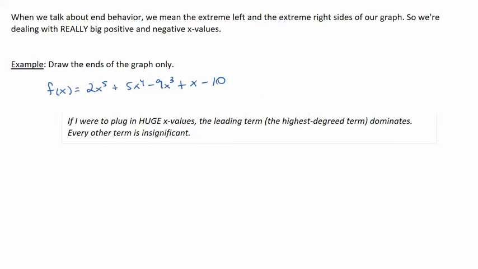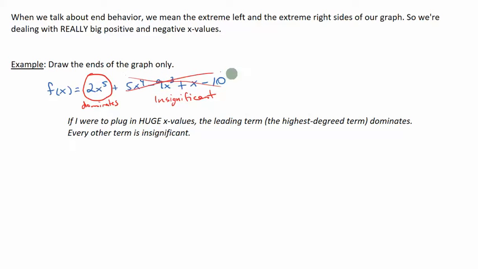So in this case, what I mean is this term dominates. That's my leading term, my highest degree term. These terms are insignificant. That's because, think about a really big x value, like 100 million. 100 million to the fifth power is so much bigger than 100 million to the fourth power, or 100 million to the third power.